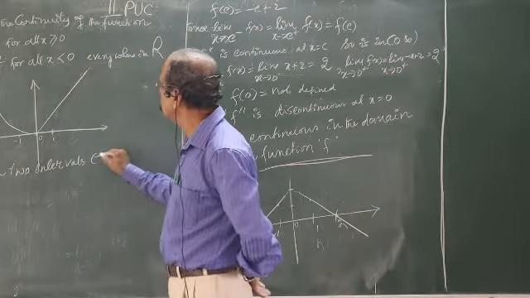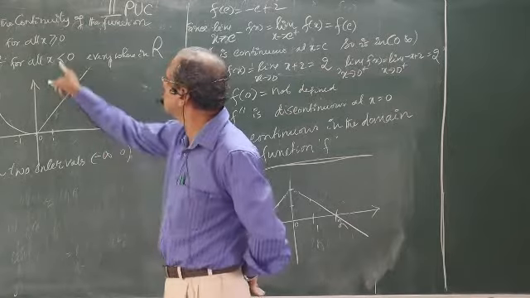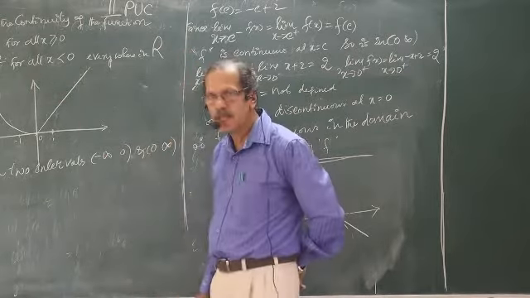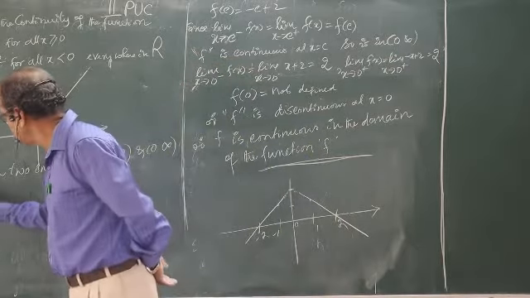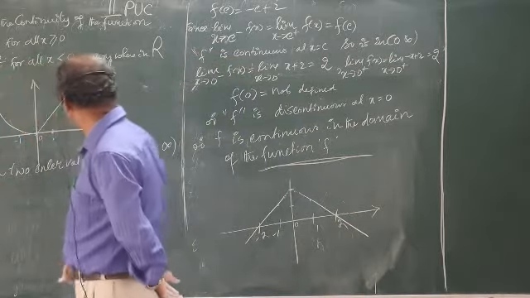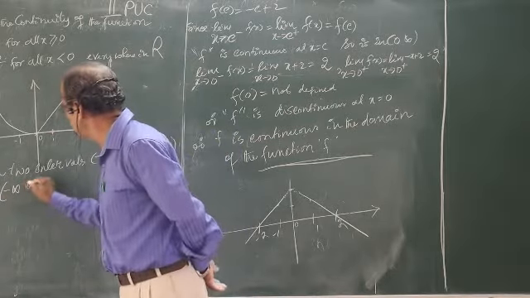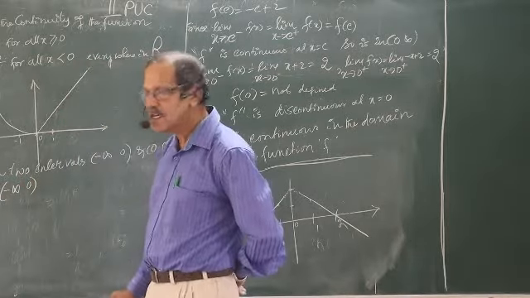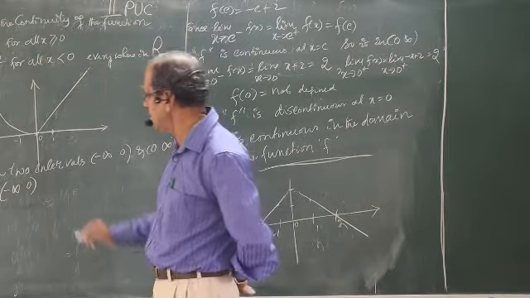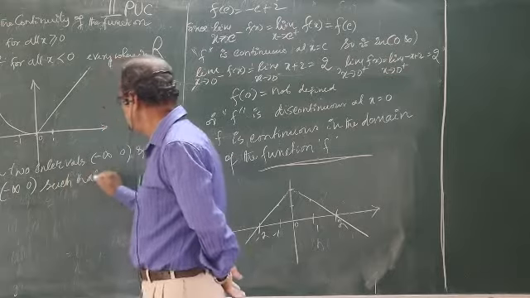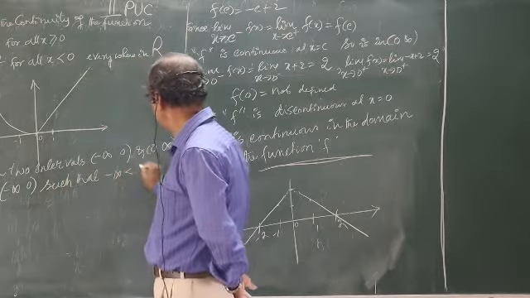One is minus infinity up to 0, and the other is 0 to infinity. Let c belong to the first interval, minus infinity to 0, such that minus infinity is less than c less than 0.